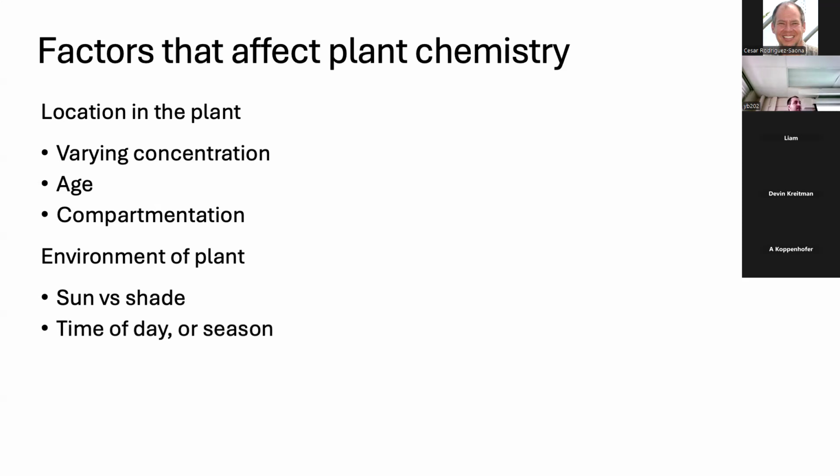We talk about how abscisic acid is responsible for closing stomata and entering dormancy. That's not going to happen in the summer, most likely, for most plants. They might close their stomata in the summer because it's hotter, but they're not going to go into dormancy. It depends on the time of day or the time of the year. And there could be various soil factors as well.